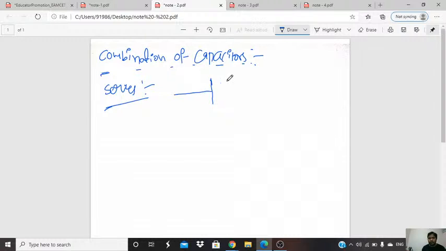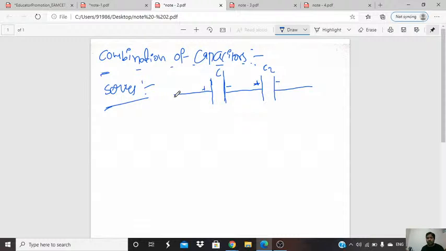See, when two or more capacitors are connected end to end, from end to end connection. See, positive, negative, positive, negative. Second plate of first capacitor to first plate of the second capacitor, and second plate of second capacitor to first plate of the third capacitor, like that.